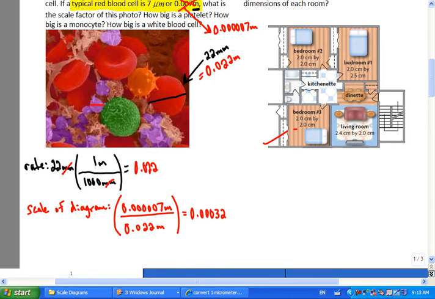And I get 8 millimeters there. So to figure out the platelet that we've got, I can start like we normally do. We've got 8 millimeters in the picture.